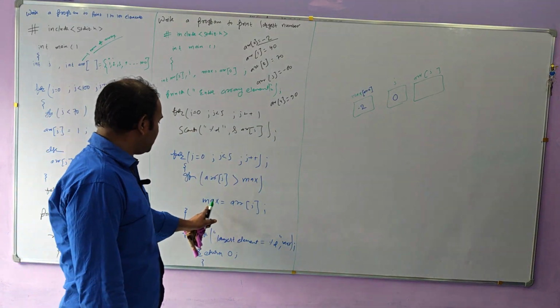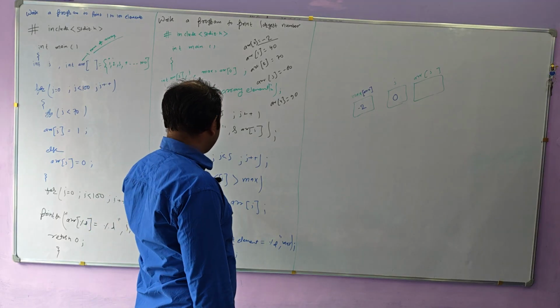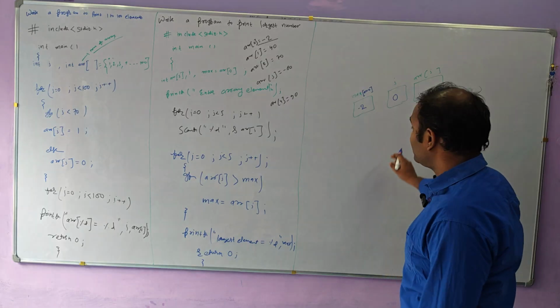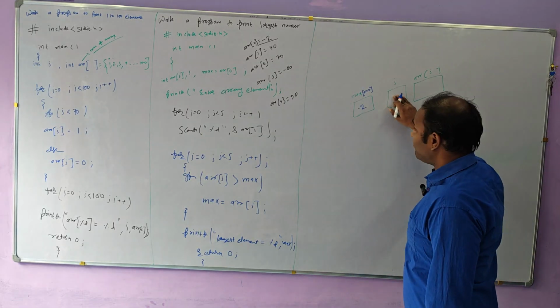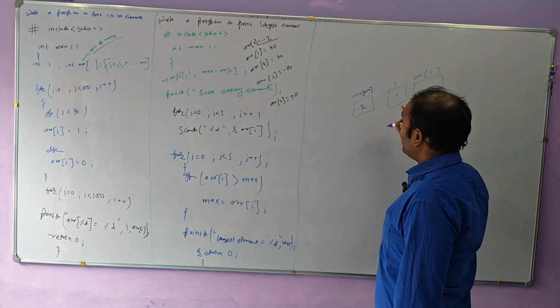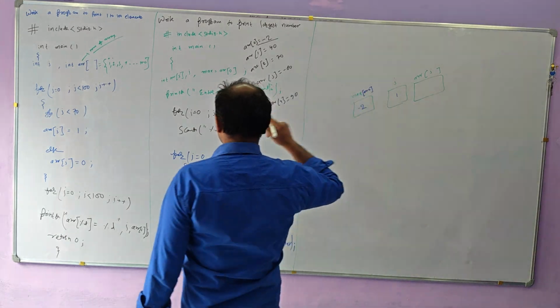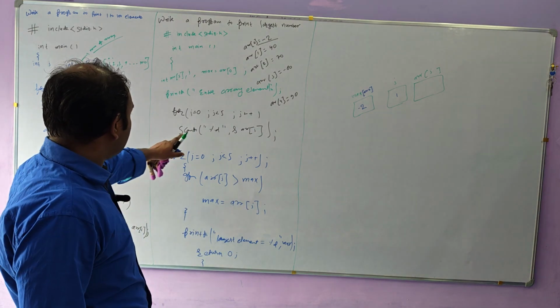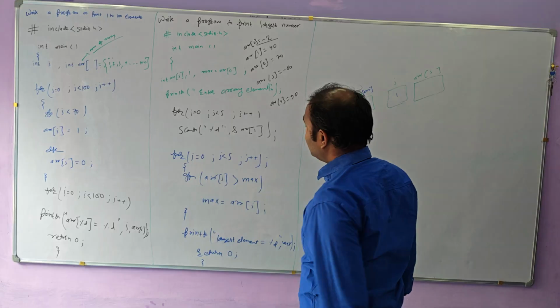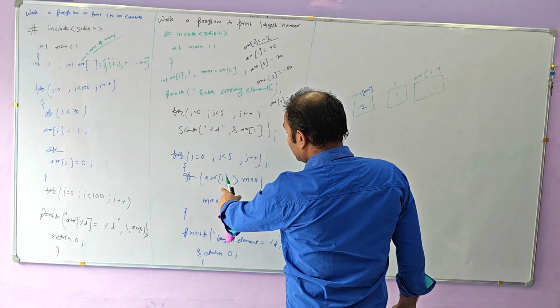Then there is no need for max to be assigned, this statement is not true. Then I becomes 1, I increased by 1. The max value still remains the same. Now 1 is less than 5. Yes.